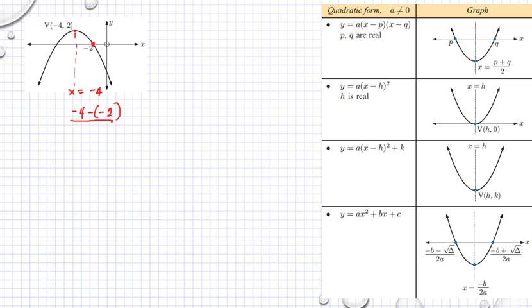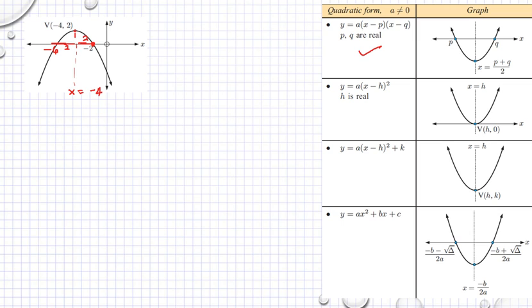That's -4. Oh sorry, I am thinking differently now. That means the difference between -4 and -2 is 2 units there. We should have 2 there also. That means that this is -6. Okay. Then we can use this one.